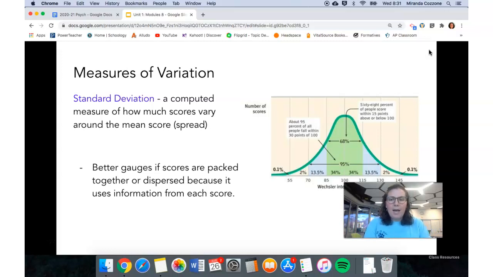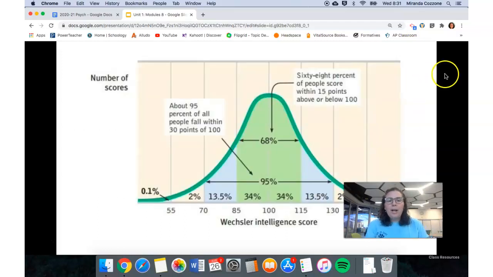And we're going to dive into that in a second, okay? So having a standard deviation is sometimes superior to just having the mean, mode, median, because it gauges if your scores are packed together, i.e. they're very close to the mean, mode, and median, or they vary in uniformity from each other.